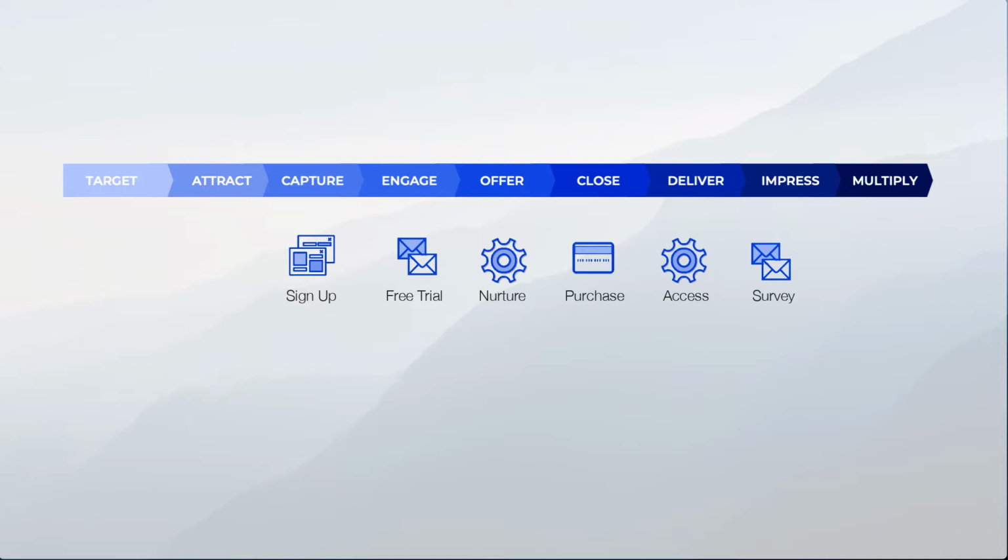Or you might look at the fulfillment play and say, hey, we are technically giving them their access, they're getting what they purchased, but it's really just a bare bones experience, and maybe there's an opportunity there for us to level up, to be a little bit more intentional about what we create for them, so that there's an impress factor that makes them feel really confident that their purchase was wise, and it also could invite them to tell other people about it because their experience was that much better.